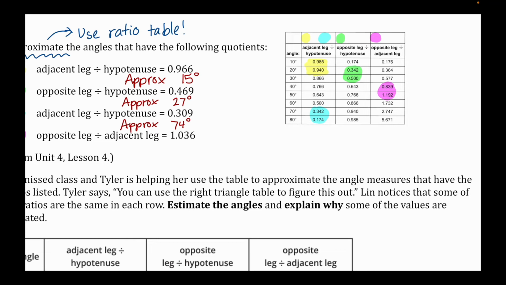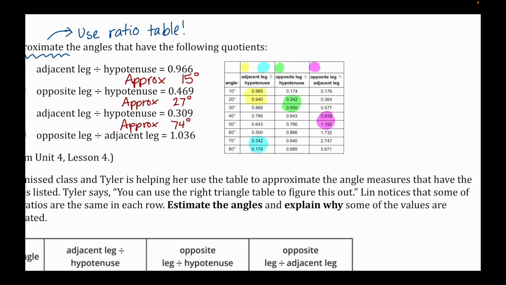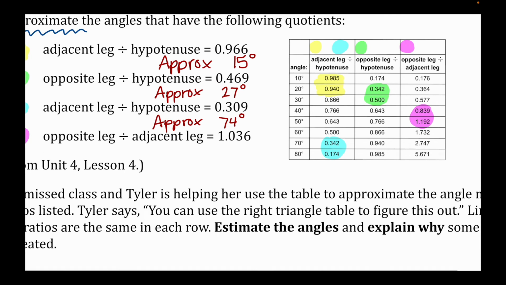This is going to be closer to 50 degrees. I can move a little closer actually. I didn't realize I wasn't going to need to do as much work with it, but we'll say that this is closer to the 50 degrees. I can even just say that this is 45.